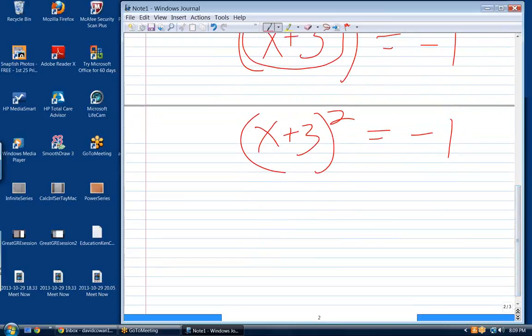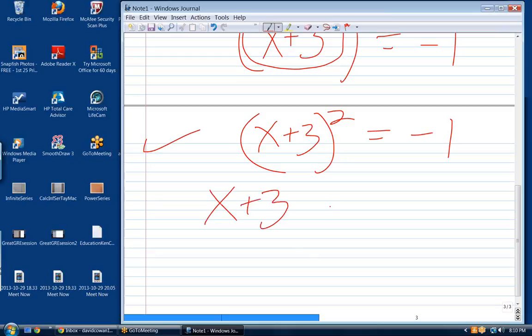Yeah. Okay, now how do I solve this? Foil? Take the square root of both sides. What's the square root of the left side? x plus 3. What's the square root of the right side? i. What's the next step?